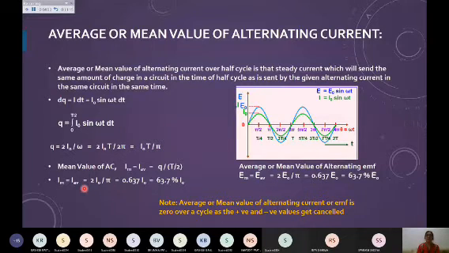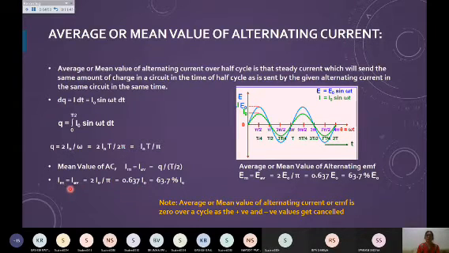That is I average or I mean, coming out to be twice I naught divided by pi. So 2 I naught upon pi, if I solve 2 upon pi, where pi is 22 by 7 or you can write 3.14, I'm getting the result 0.637 times the peak value, that is I naught.